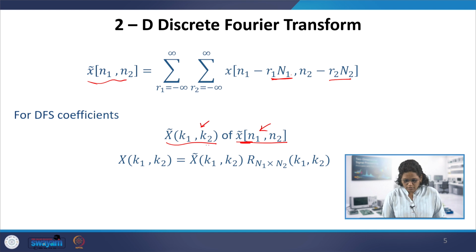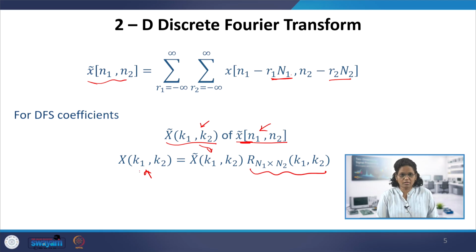Now if you have the Fourier series of this and multiply in the frequency domain with the rectangular function, which is also 1 for size n1 comma n2, we can get this x of k1 comma k2. So these DFS coefficients can give the finite one, and this finite one we can use with repetition and get back the periodic one in the frequency domain as well.